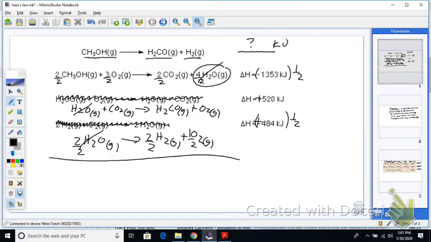What else should cancel out? CO2 is not in our overall reaction. Does it cancel out? Yes, it cancels out. 1 and 1. We're going good. Now we've got to get oxygen to cancel out.